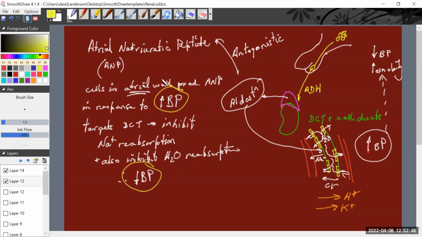What was the stimulus? The original stimulus was an increase in blood pressure that caused the cells in the atrial wall to start to produce this hormone in the first place. It travels to the kidney, inhibits reabsorption of sodium, which also then inhibits water reabsorption. That means more water is going to be lost in the urine. Blood pressure goes down.